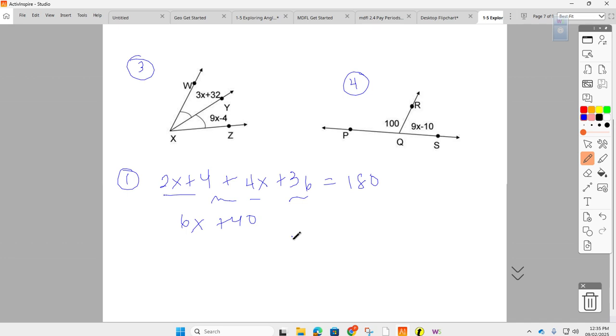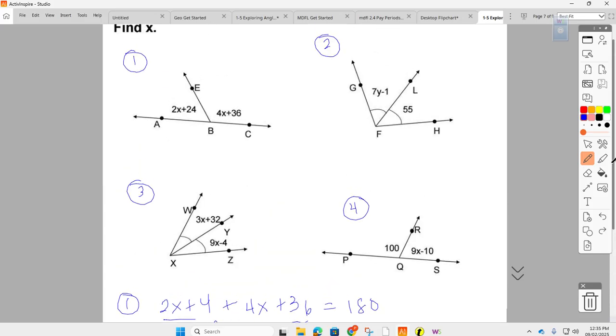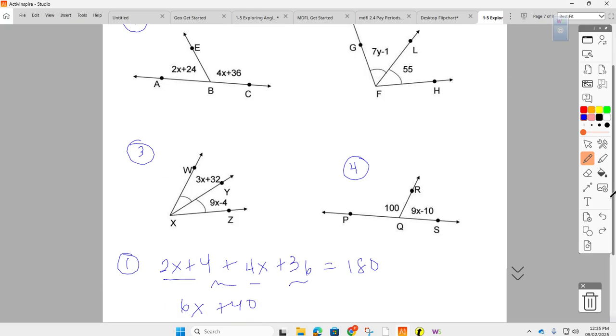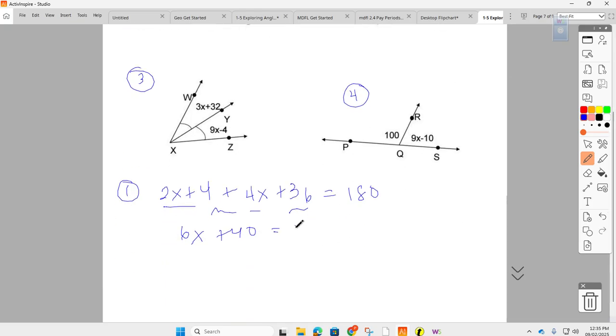Okay, did I write everything correctly? Just checking my 2x plus 4 equals 180. We're going to subtract 40 from both sides, and 6x equals 140. And we're going to divide both sides by 6.